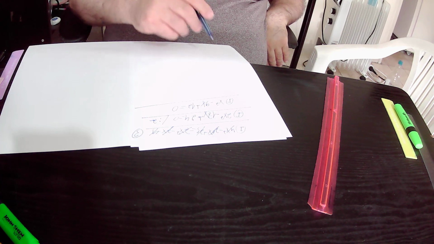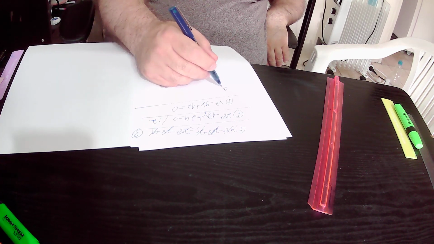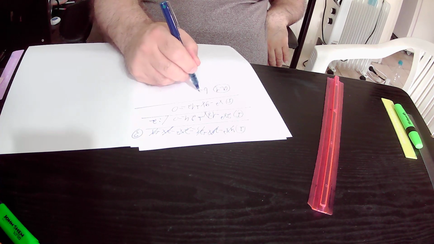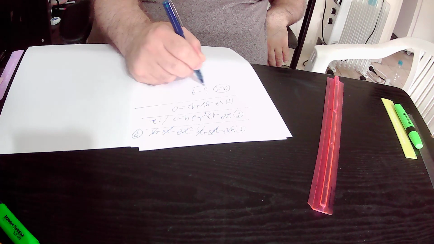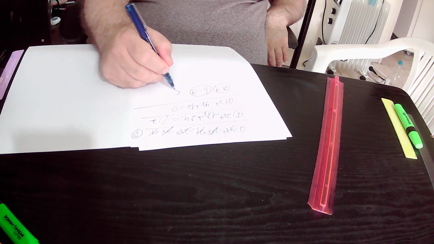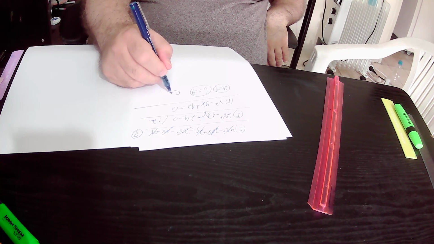In this quadratic equation, the coefficient a equals 1, the coefficient b equals minus 9, and the coefficient c equals 12.